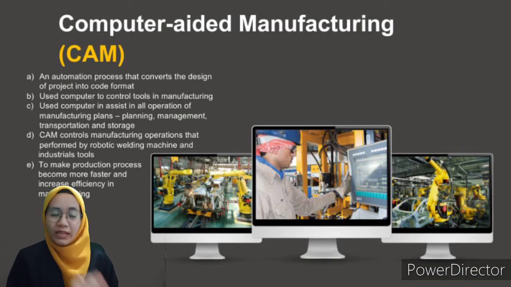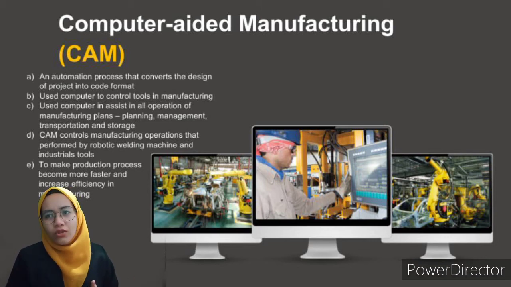Like the example I gave before, if you want to manufacture a car, we will use CAM to control the robotic welding machines and industrial tools to make the car. Of course, if you want to produce cars, we will use many types of robotic welding machines.